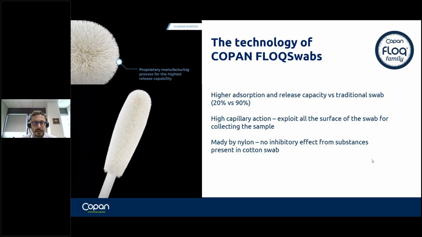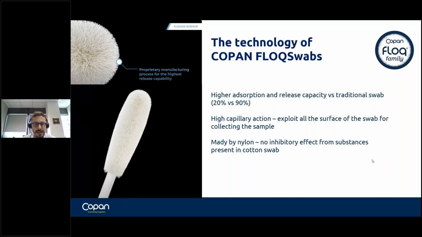This technology basically allows us to spray thousands and thousands of nylon microfibers on a stick, creating a swab characterized by this very hairy structure, which magnifies and amplifies the surface area where the sample can be collected. So it has a huge impact on the absorption capacity of the swab compared to traditional swabs, but also mostly on the release capacity.